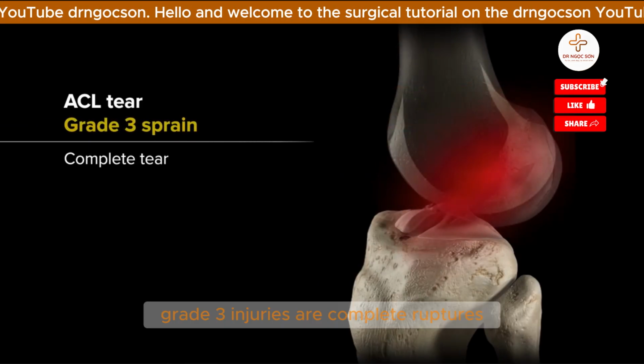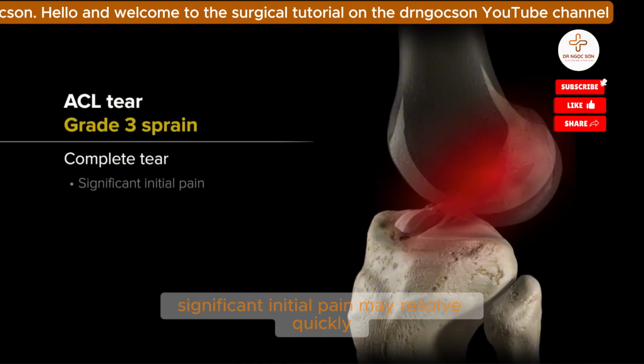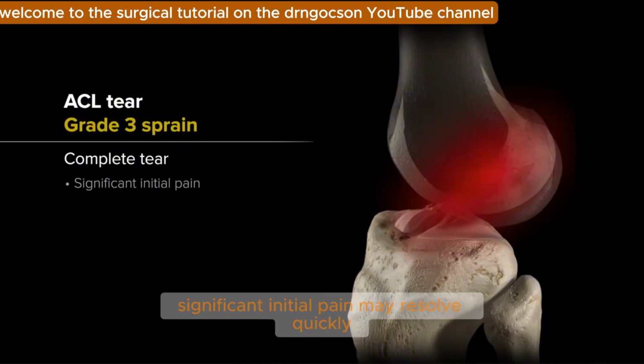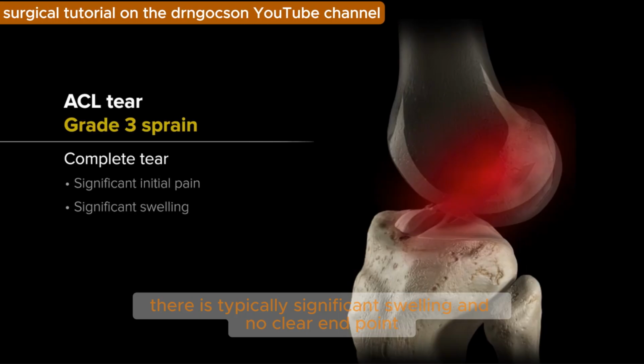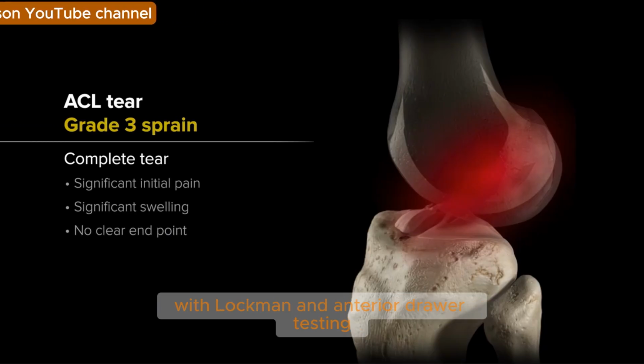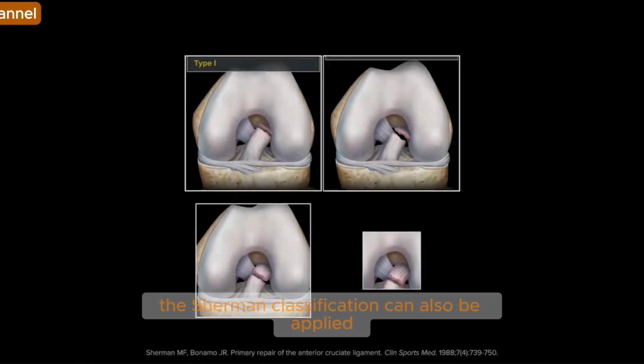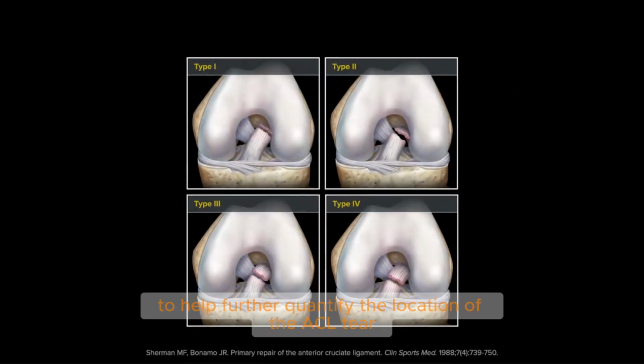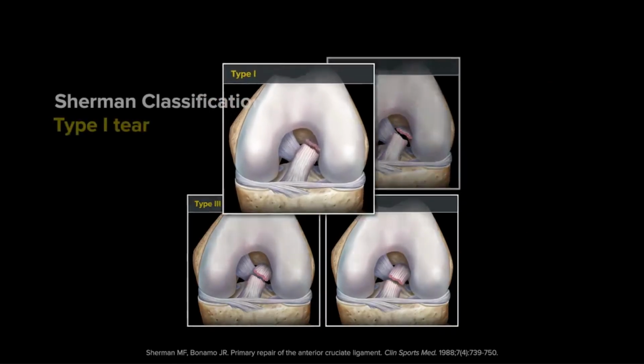Grade 3 injuries are complete ruptures. Significant initial pain may resolve quickly. There is typically significant swelling and no clear endpoint with Lachman and anterior drawer testing. The Sherman classification can also be applied to help further quantify the location of the ACL tear or disruption.